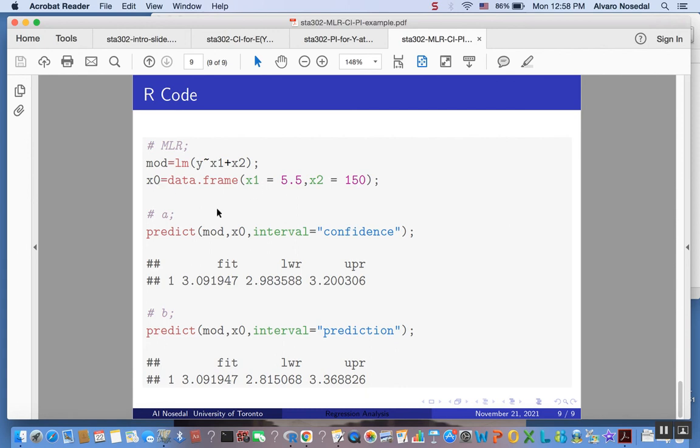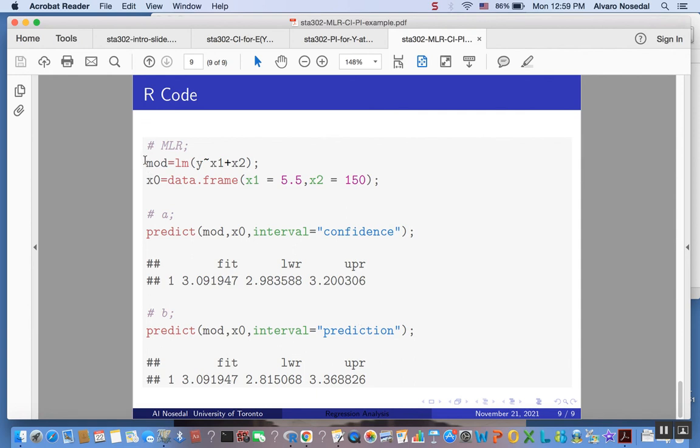And we use the same function that we used before when we talked about simple linear regression. We use the function predict, the model that we want to use for prediction, the vector that contains the predictor values that we're interested in, and finally the kind of interval that we want. Do we want a confidence interval or do we want a prediction interval?